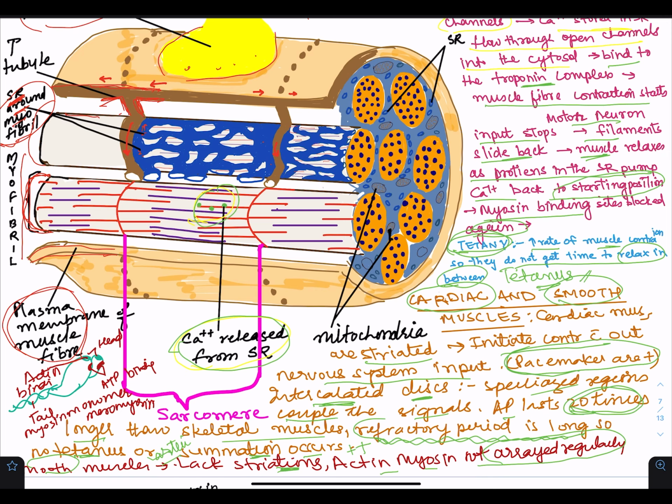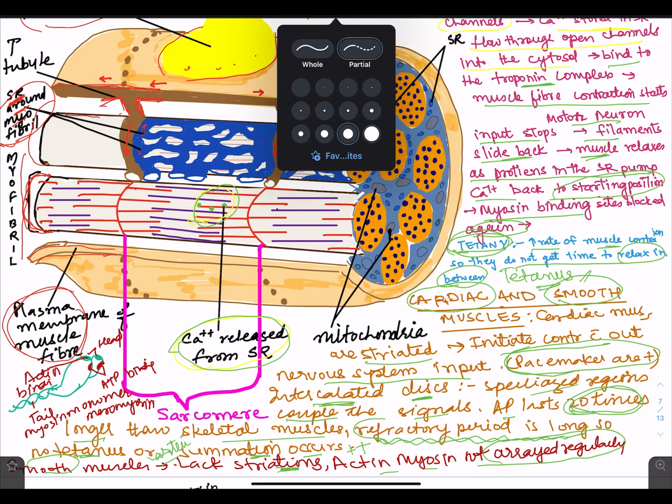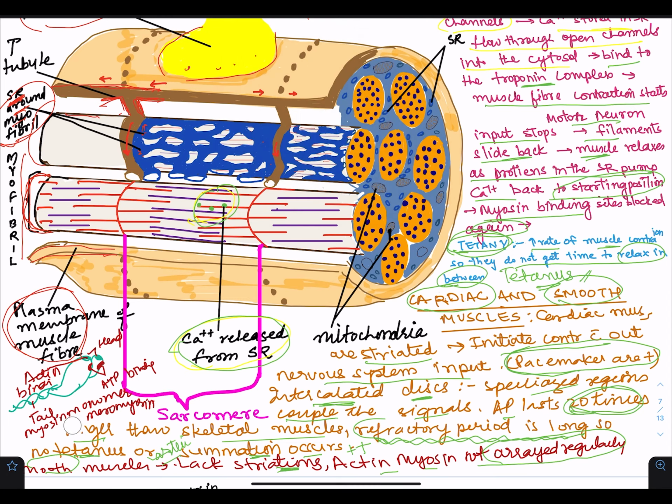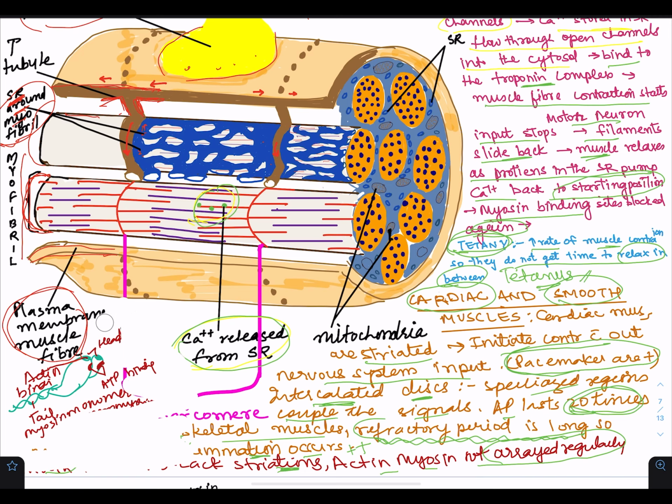Now, we also have to study the structure of myosin, which we haven't yet studied. So let us have a look at the structure of myosin. See, the structure of myosin is like this. This is the tail, and this is the head.